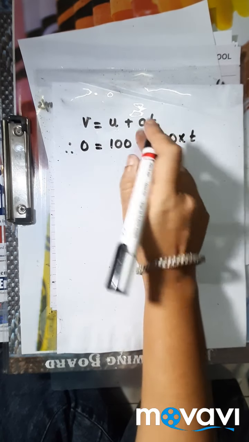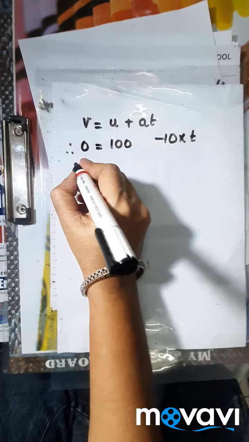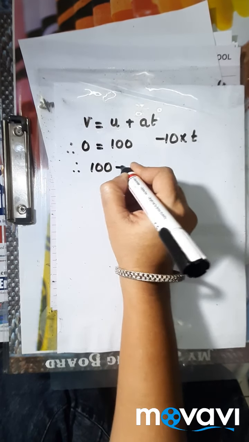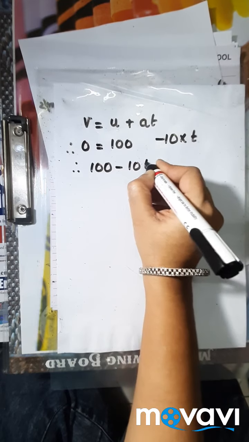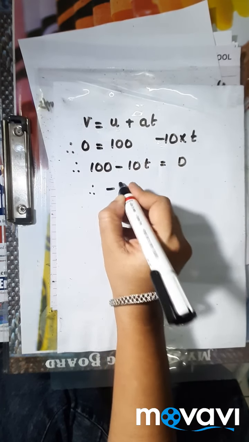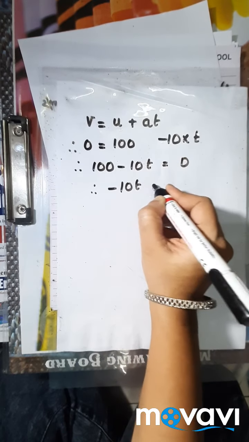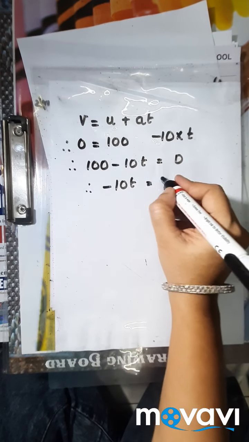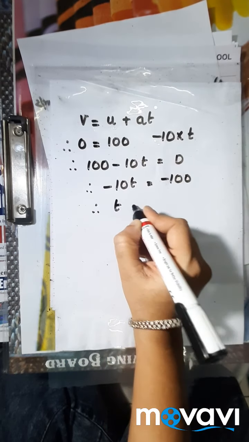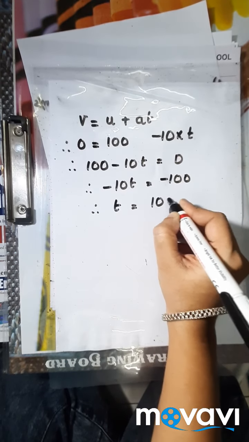So this plus into minus becomes minus, so I'll keep it like that. Therefore 100, I always do this extra step, minus 10t is equal to 0. Therefore minus 10t is equal to, when I take this on this side, it will become minus 100. Therefore t is equal to 10 seconds.